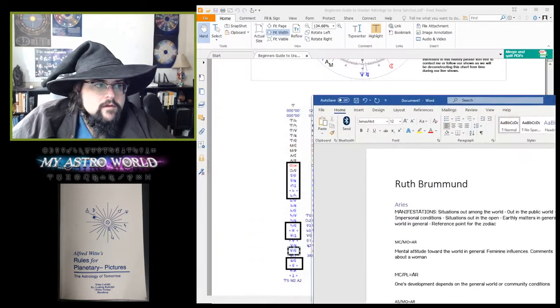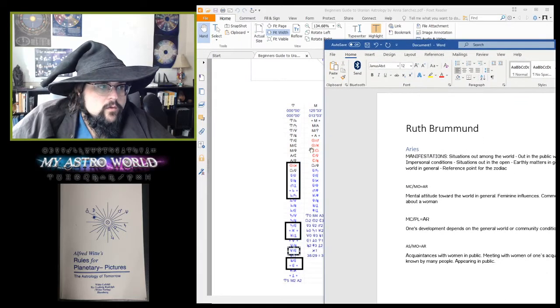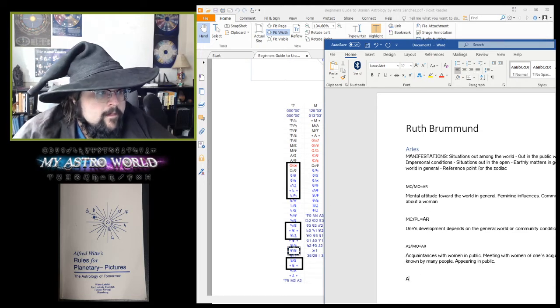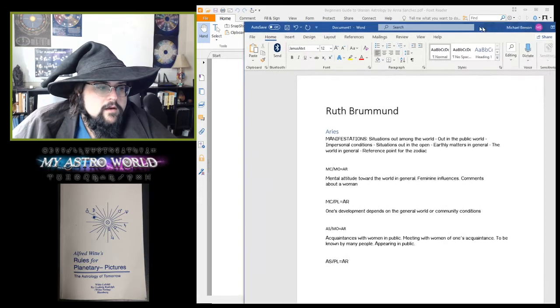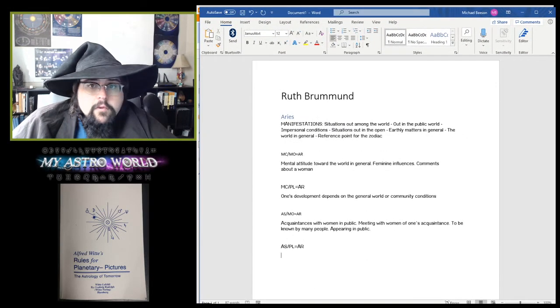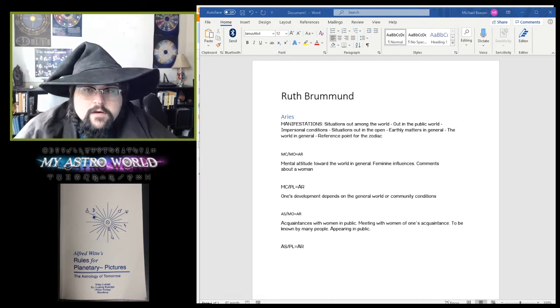And then we will continue on down. And that would be, okay. Ascendant Pluto equals AR.